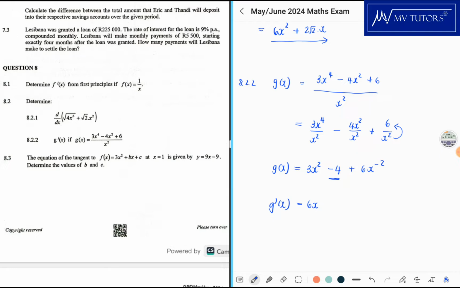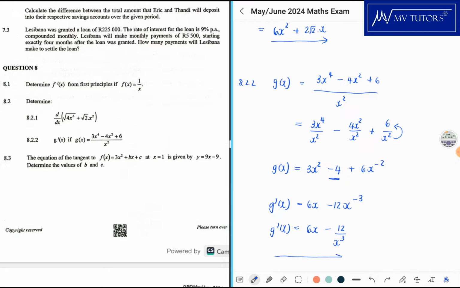The derivative of a constant is 0, so we're not going to put it there. And then here we have negative 2 times 6, which is negative 12, and x to the power minus 2 minus 1, that is minus 3. If you wanted to, you could write it also like this. It's not really necessary. Whether it's this or that, it doesn't really matter.